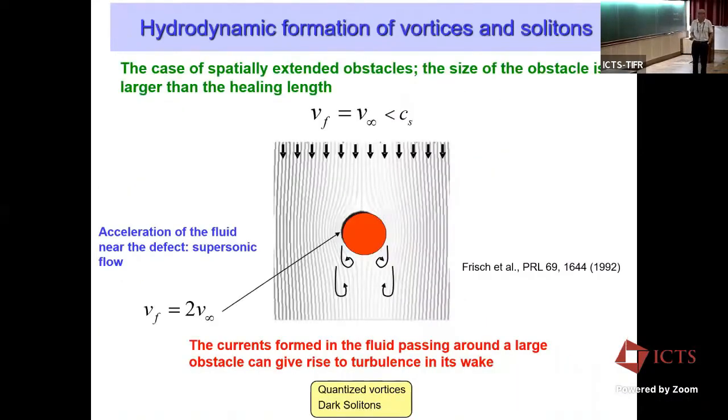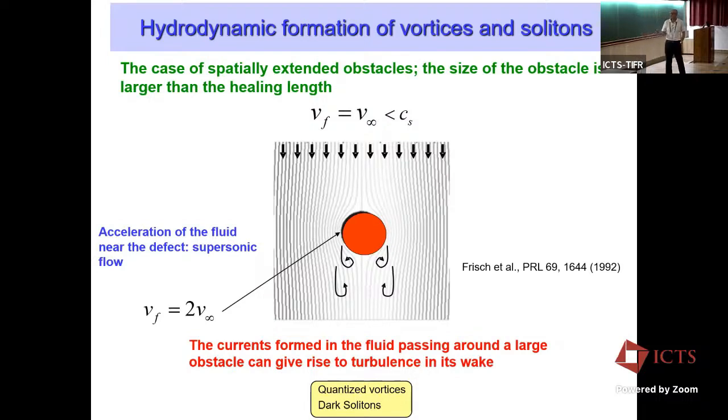Here in this slide, just to have an idea of how it is possible to generate topological excitations in a hydrodynamic wave by the interaction with a defect. We have the polariton flow in this direction. This is a big defect. We have to consider a spatially extended defect with a size which is larger than the healing length of the fluid.